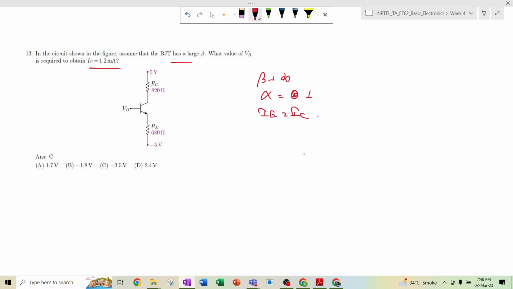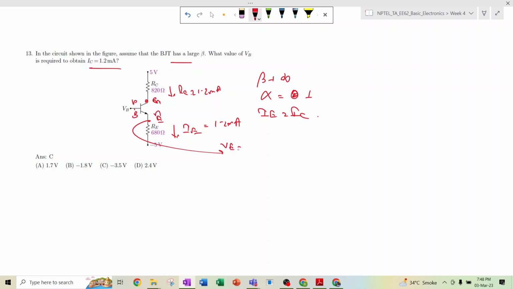So you should apply this. This is the NPN. Whatever IC is there, that much IE is there. So if it is 1.2 milliampere, it should always be 1.2 milliampere. This is the emitter terminal, this is the base terminal, this is the collector terminal.